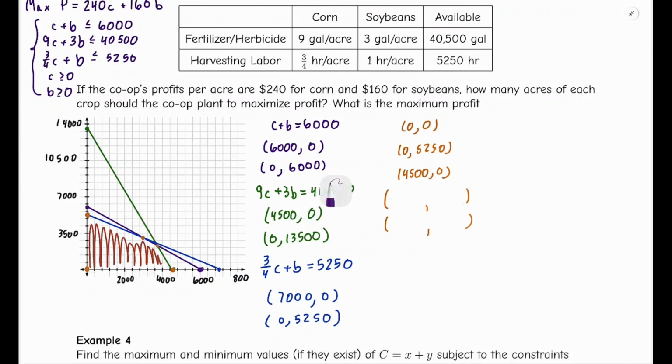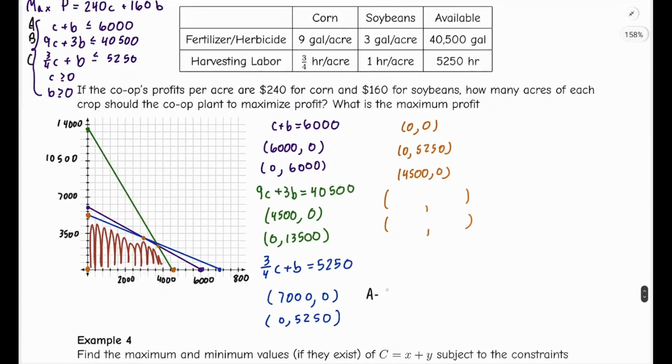Now I need to do some elimination. If I go back up to my constraints, I'm going to label these A, B, C. First I'm going to do purple and blue, which is A and C. I just realized if I just subtract them, A minus C, we get C minus 3/4 C, which is 1/4 C, and B minus B is 0.